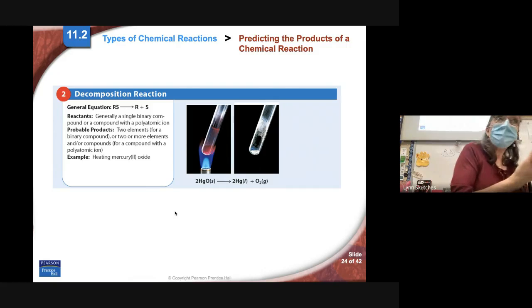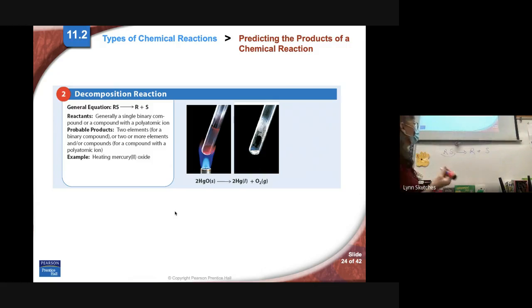It's going to make water and oxygen. Okay. So it's possible that one of these could be a compound. Sometimes, as in the case of this example from the book, it's both elements. Okay. So a single reactant tells you that you have a decomposition reaction that you're looking at.